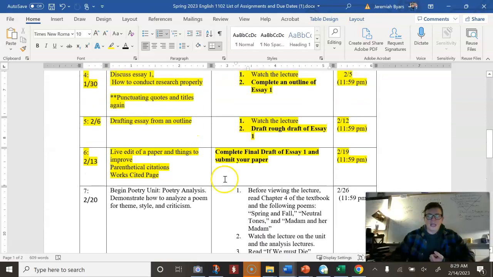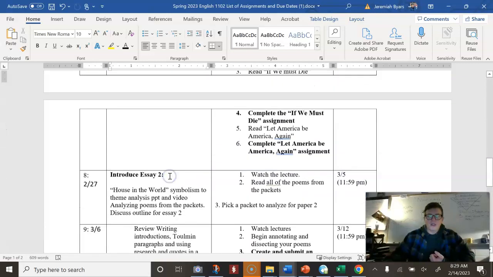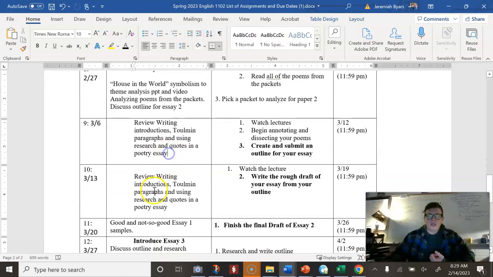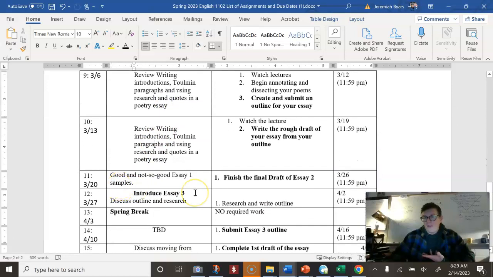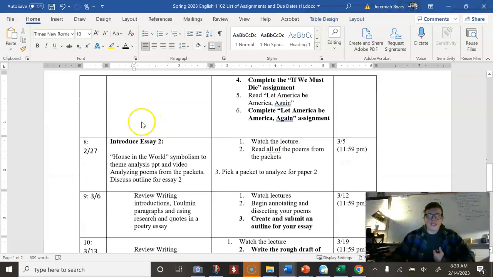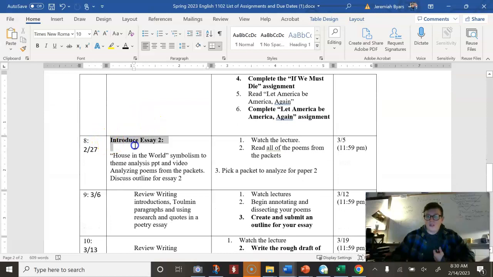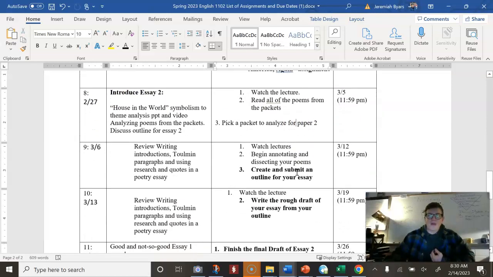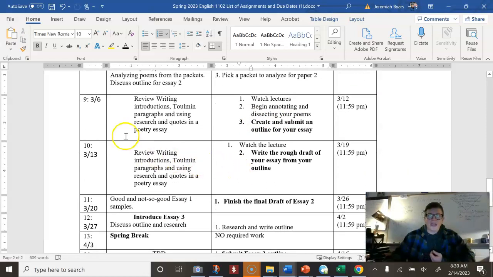This unit is only 5 weeks, just a 5-week unit. This week we're doing the whole intro to poetry. Next week I'm going to introduce you to poetry 2, and then I will have your essays hopefully graded within a couple of weeks.